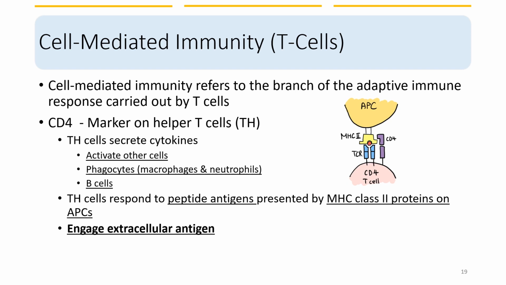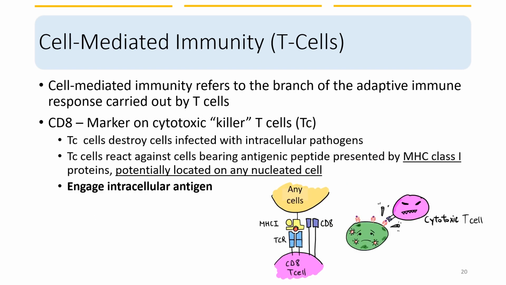CD4 T helper cells can secrete different cytokines that can activate other cells, such as phagocytes, macrophages or neutrophils, as well as activate B cells. Helper T cells respond to peptide antigens presented by MHC class 2 proteins on the surface of antigen presenting cells. That means they are engaged in responding to extracellular antigens.